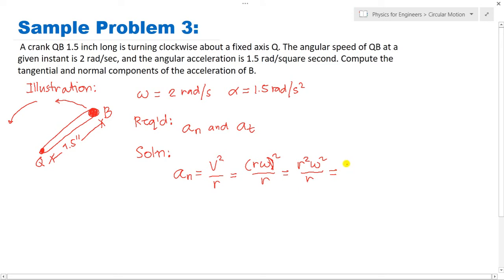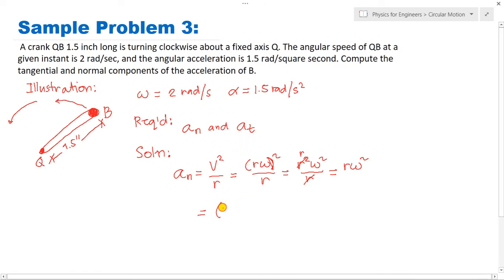Therefore it equals r w squared, because the r in the denominator cancels, leaving only one r on top. Since we are given our radius, we can simply write it as 1.5 inches. It wasn't specified what unit the answer should be in, so you can just stick with the inches.